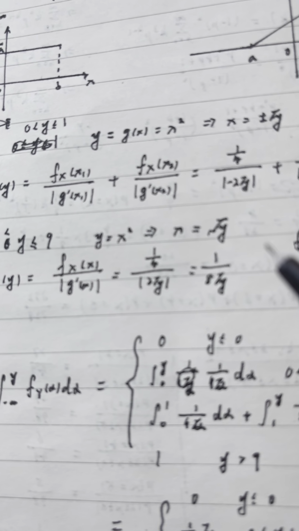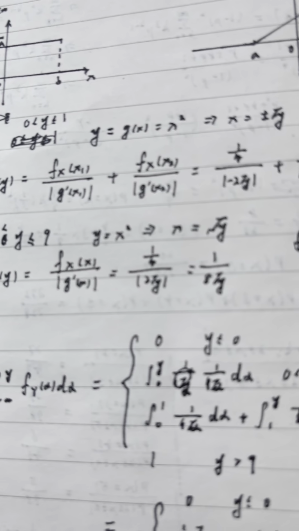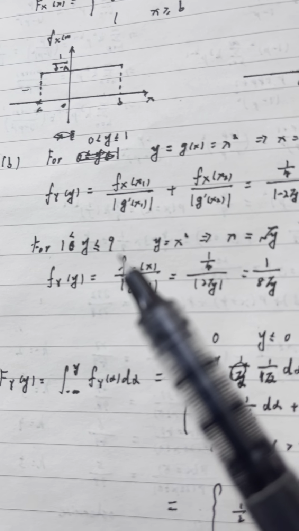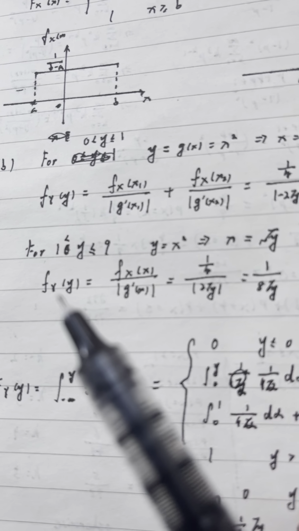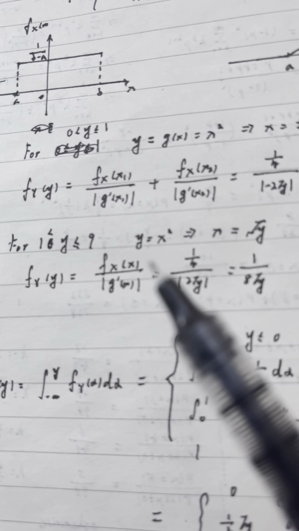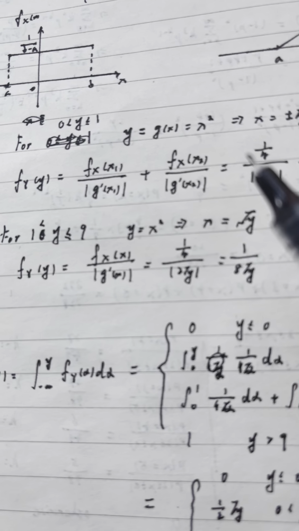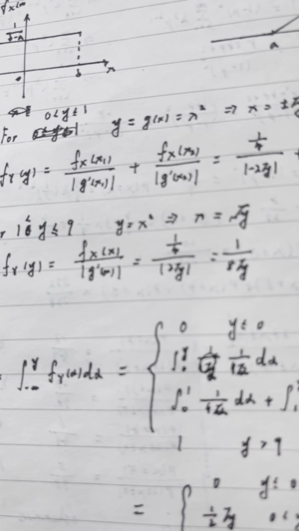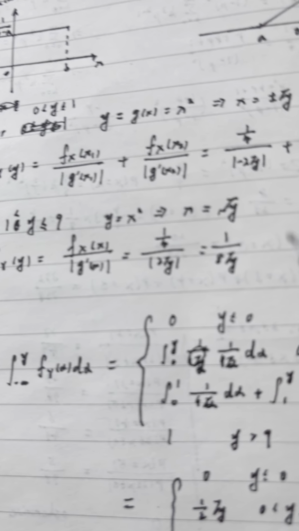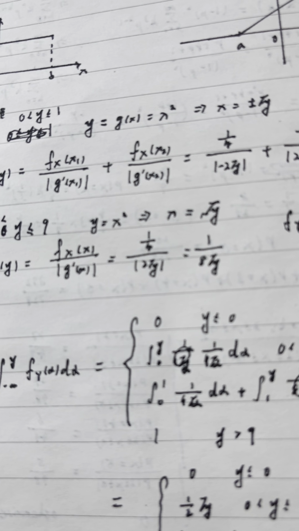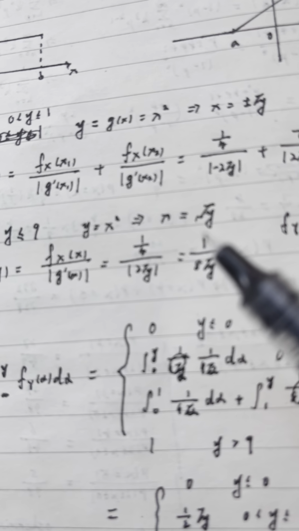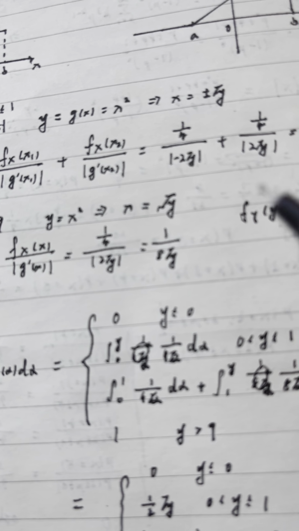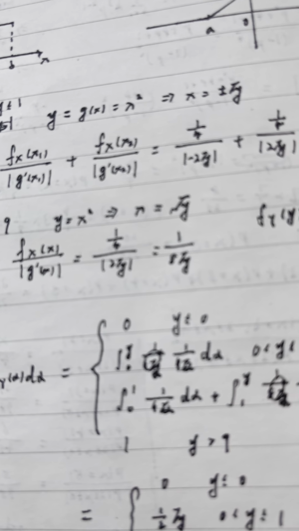That's the only root of x. Still we use the fundamental theorem: the density function of Y equals the density of X at the root, divided by the absolute value of the derivative g'(x). We substitute the value into it, and finally we derive that it equals 1 divided by 8 times the square root of y.